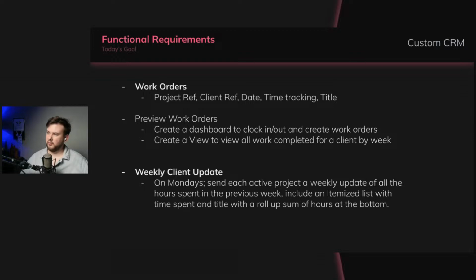And now we want to create a view of all work completed for a client by week. We want an action button over here where they can preview the hours that have been worked for that week. For the current user, we can see the hours we worked for that week because that's this number right here.